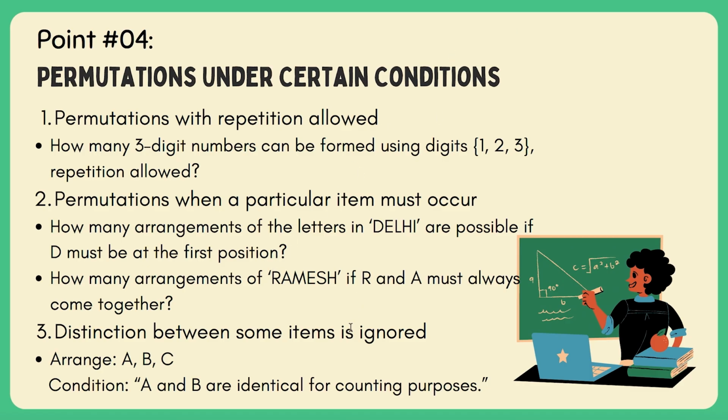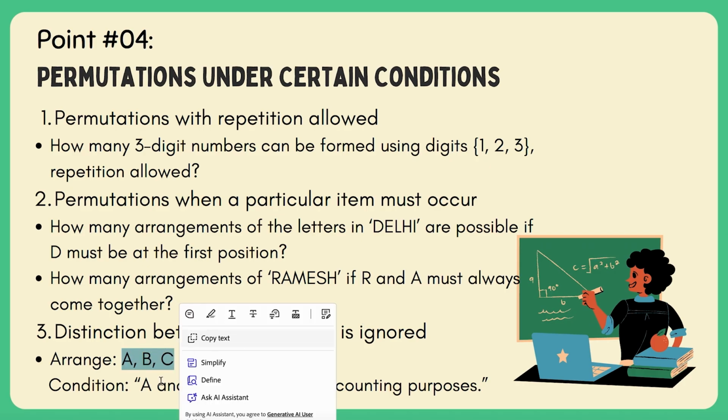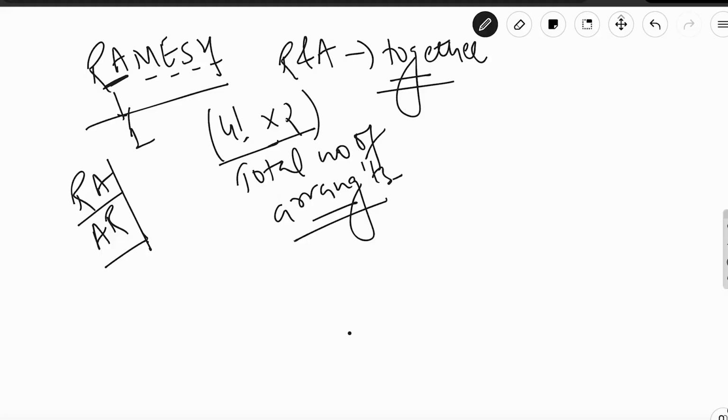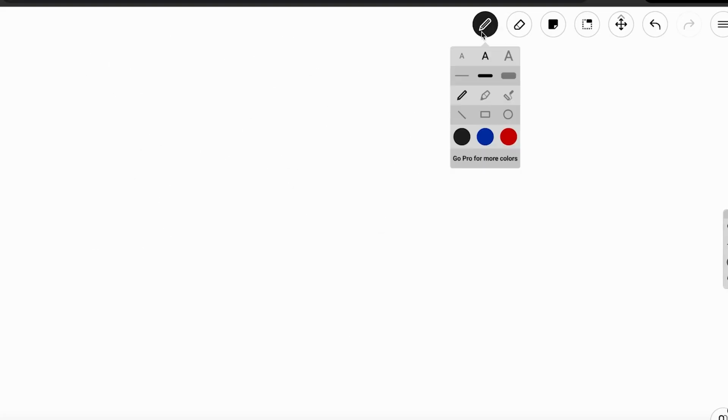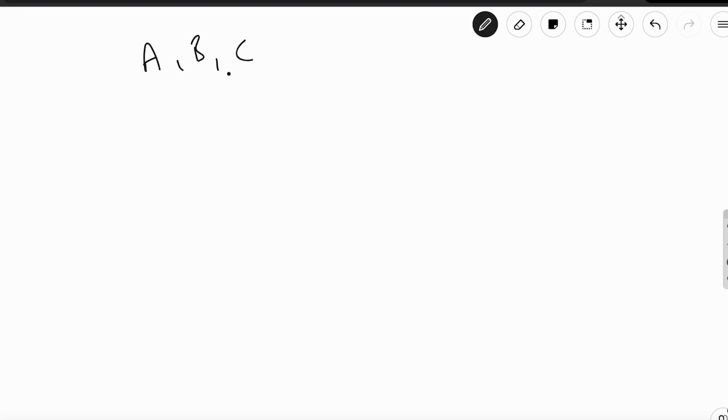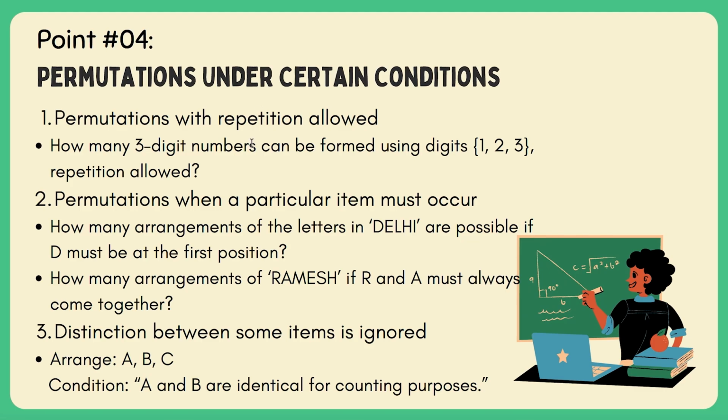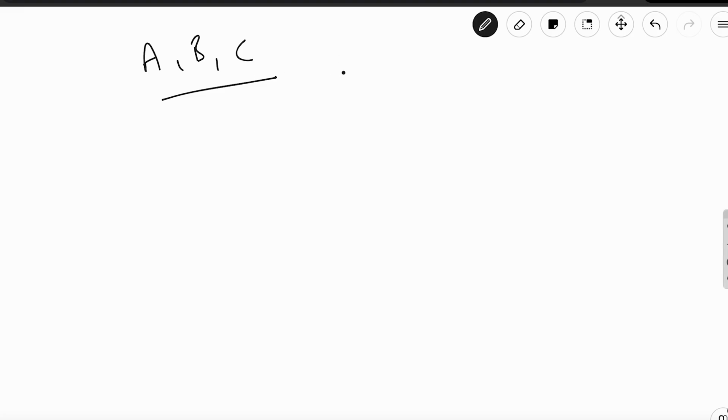Next is when distinction between some items is ignored. So arrange A, B, C such that A and B are identical for counting purposes. First, the number of ways of arranging 3 things is 3 factorial. Now it's saying that A and B are identical.